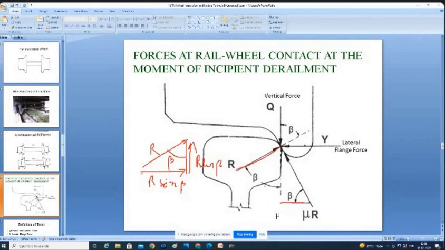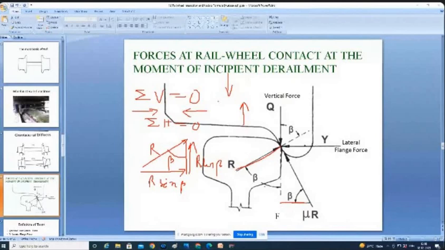Then we have to apply the formula sigma V is equal to 0 and sigma H is equal to 0. That means the sum of the forces acting from left to right must be equal to those from right to left. Similarly, vertical forces acting from top to bottom and bottom to top must be balanced.